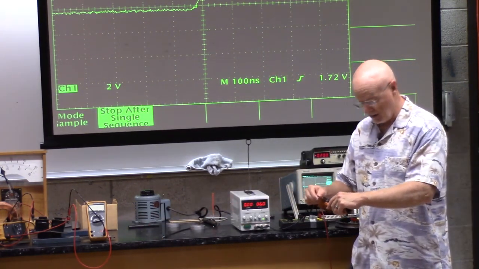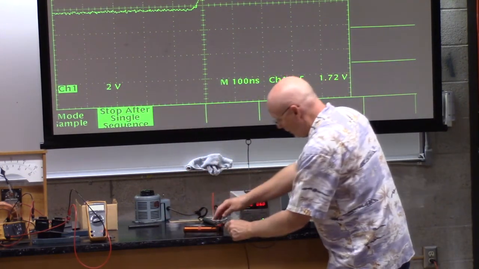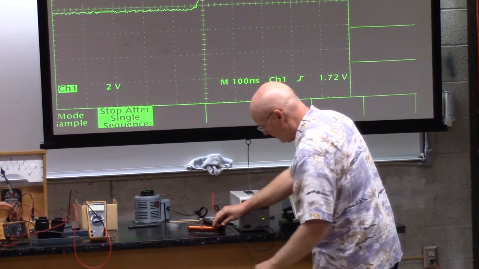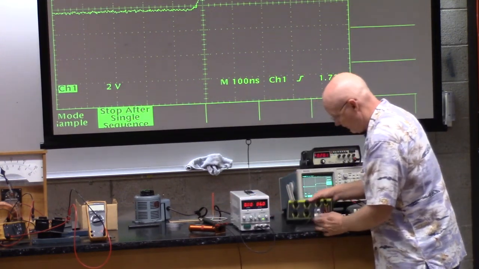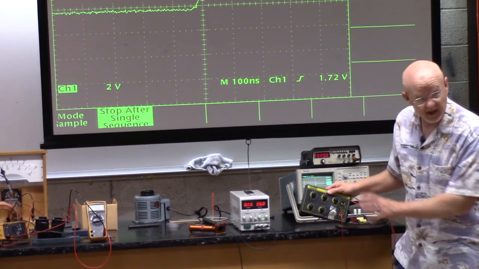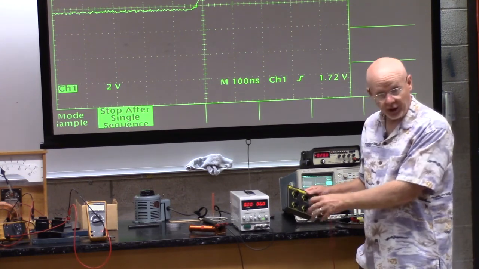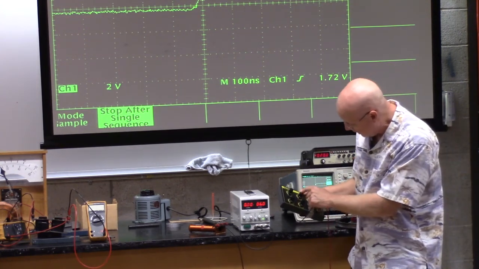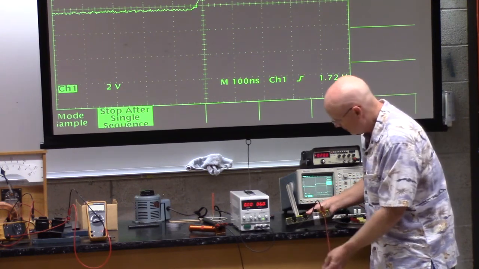And so here's my inductor. I will then feed that inductor to a resistor. Now this is just a bunch of wires inside, but it allows me to turn and get whatever resistance I want. And so during the break I set it up, and I just set it at 1,000 ohms. Okay.